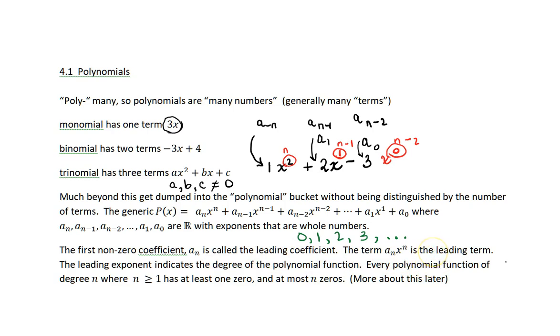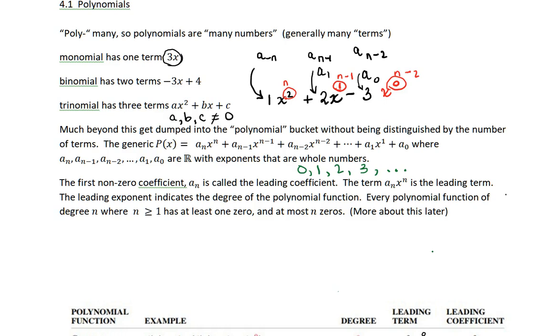Okay? Now, when I say the leading coefficient, the first coefficient, I want to point out that if I have something like this, where the largest on this side is x squared, but on this side I have an x cubed, I need to move things around so that this is set equal to 0.